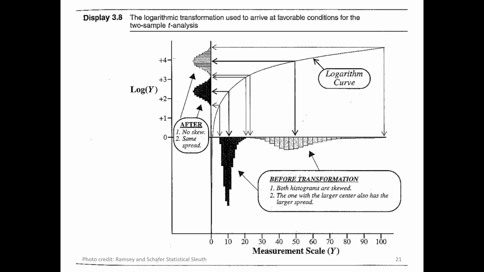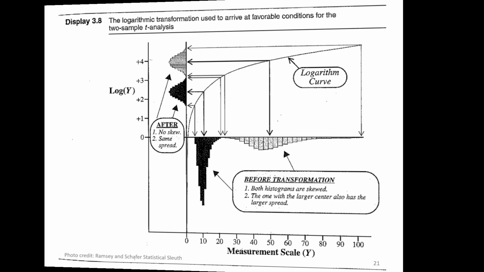So what this does, oftentimes it doesn't fix everything, but it's a useful tool to use or try. And that's the logarithmic transformation used to arrive at favorable conditions for the two-sample t analysis.